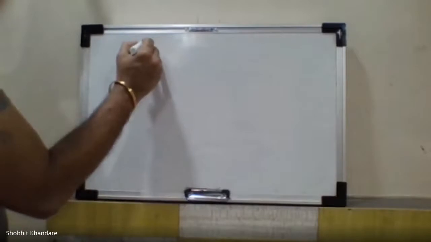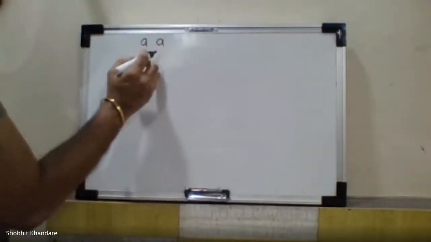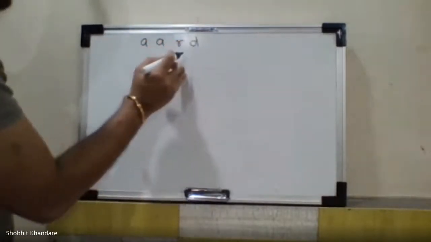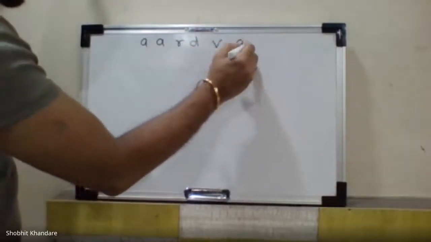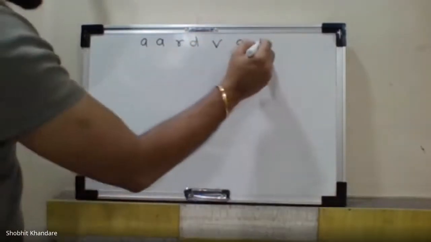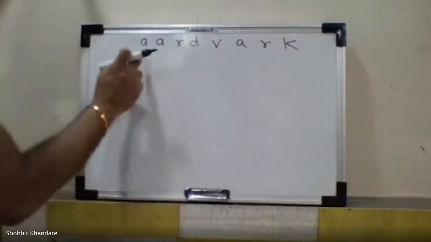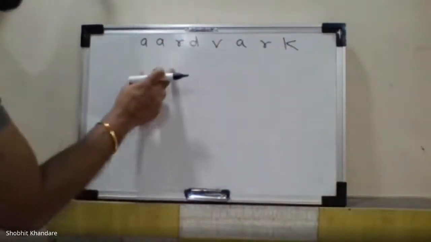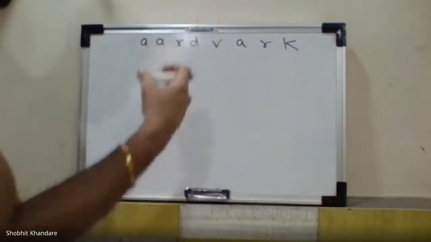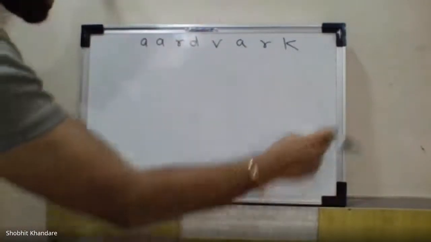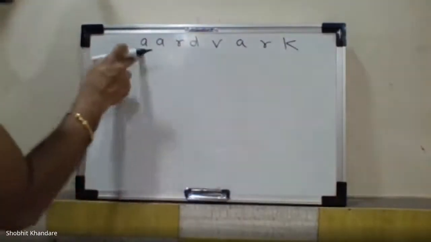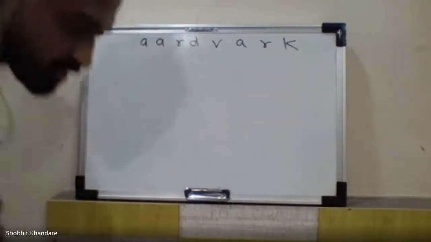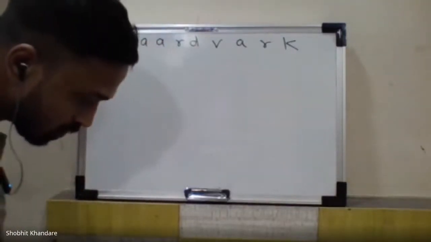Again, the message was given as A R D V A R K. This was the message. We have got the final tree diagram. Using the message and the final tree diagram, we are going to encode each and every symbol. Okay. Now we'll start.